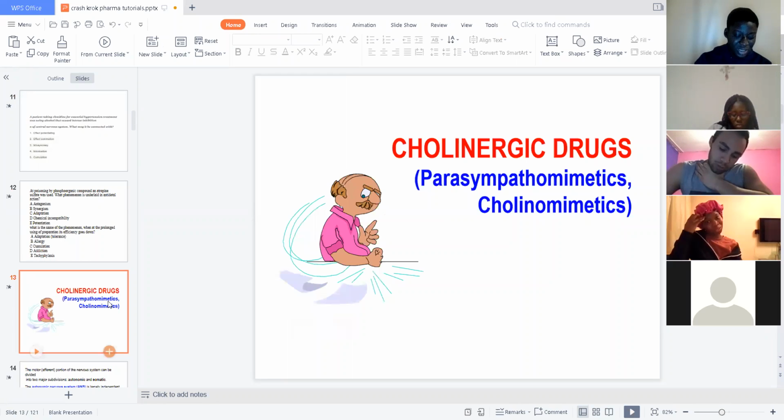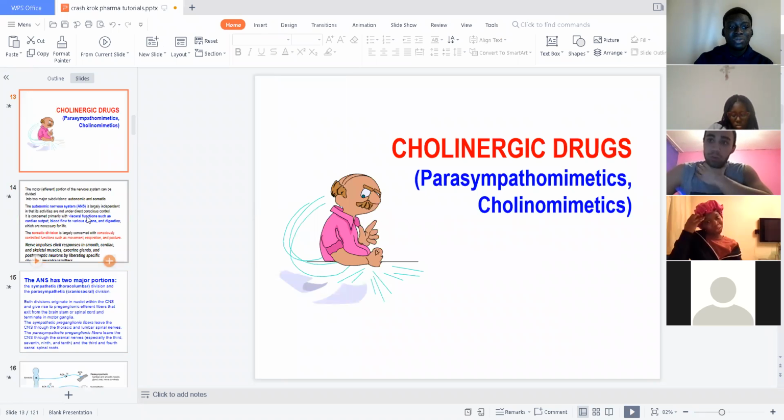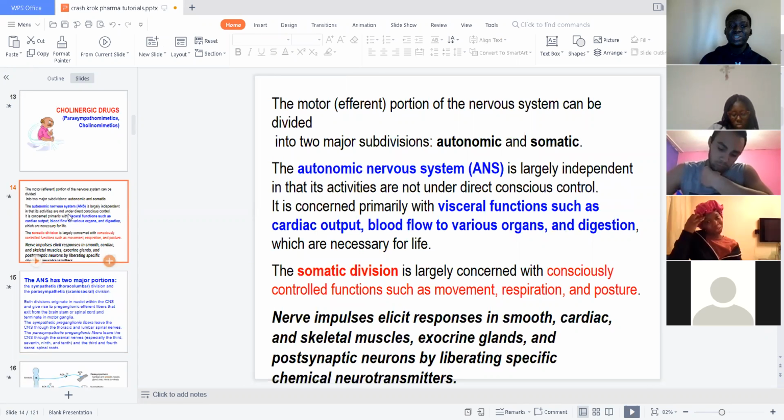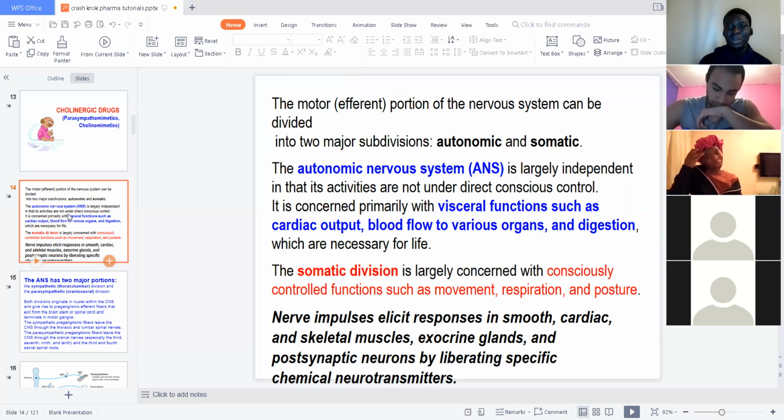The next topic is cholinergic drugs, cholinomimetics. First of all, we're going to talk about the nervous system. We all know we have the central nervous system, which includes the brain and the spinal cord, then the peripheral nervous system, which includes the somatic and the autonomic.